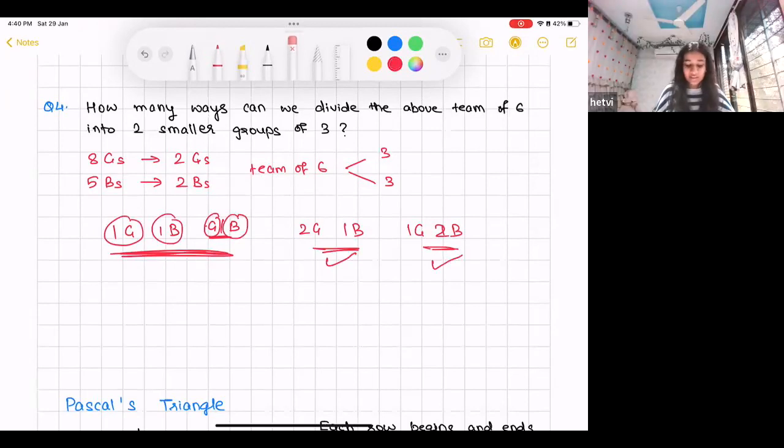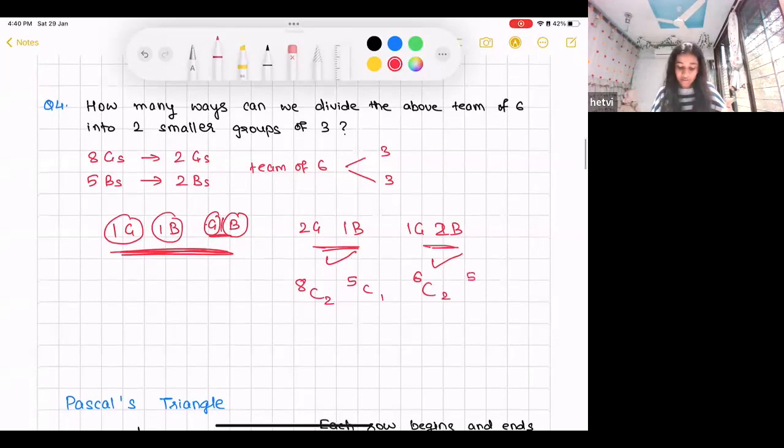Another thing is, if we consider cases like this, then first, out of the 8 girls, we select 2. Out of the 5 boys, we select 1. And then for the next group, out of the remaining 6 girls, you select 2, and out of the remaining 4 boys, you select 1.